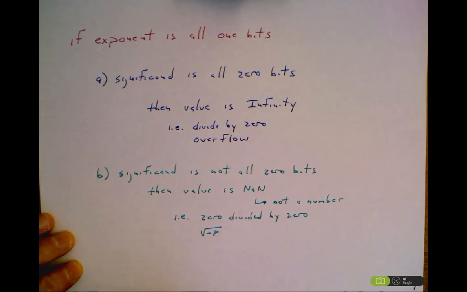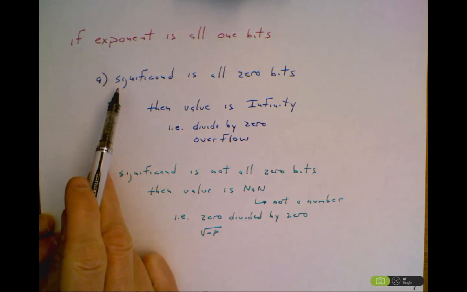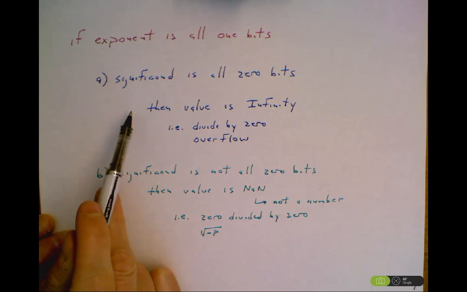The other special case is when the exponent is all 1 bits. And again, there are a couple cases here. The exponent is all 1 bits and the significand is all 0 bits. Then the value being represented is in fact infinity.